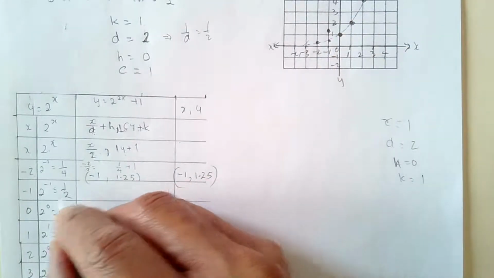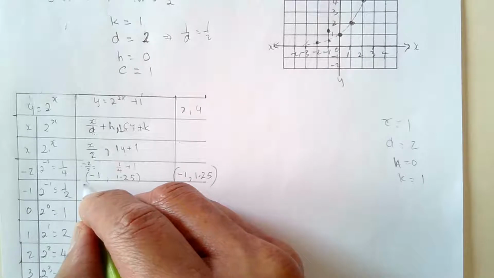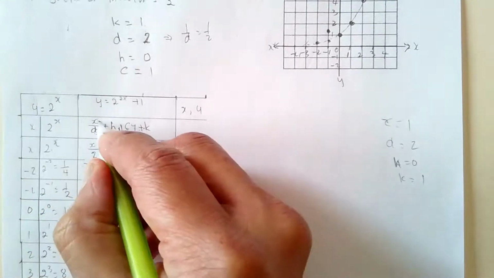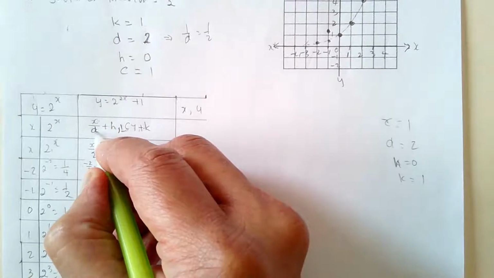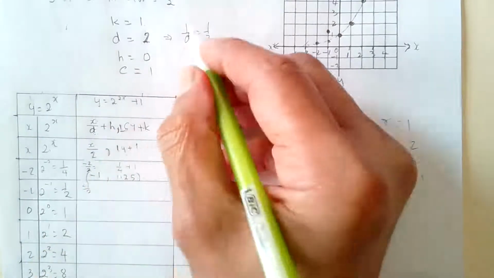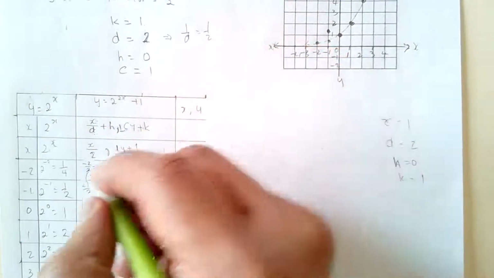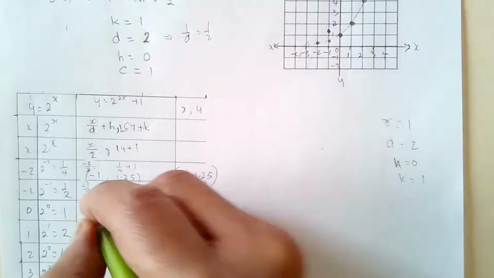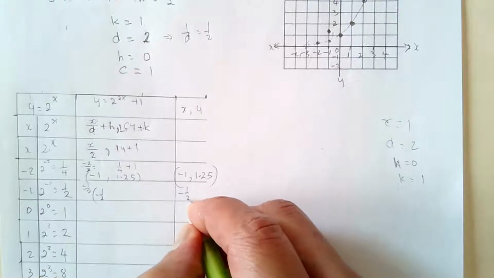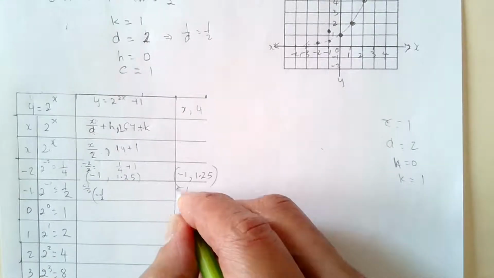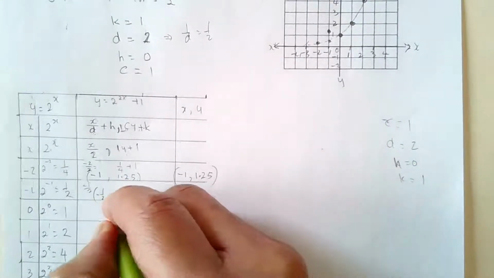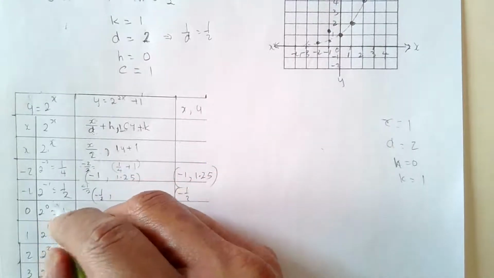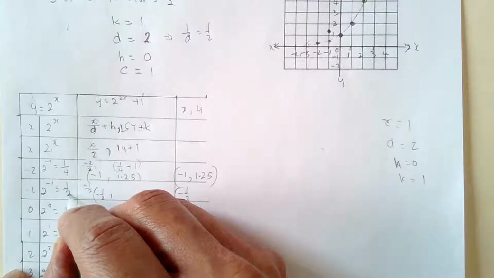Then the next one, we have x is -1, so -1/2. Remember, I'm using x and your d value, which we already established here. So -1/2 is my x coordinate point. My y coordinate now would be, what's my y value here?